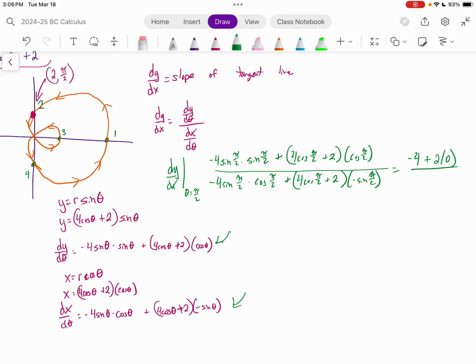And on the bottom, that first term is 0, plus the second term: 4 cosine(pi/2) is just 0, so 2 times negative sine(pi/2), which is negative 1. Negative 1. So that would give me a slope of 2, which looks plausible from my drawing. It's certainly positive. That's good enough.